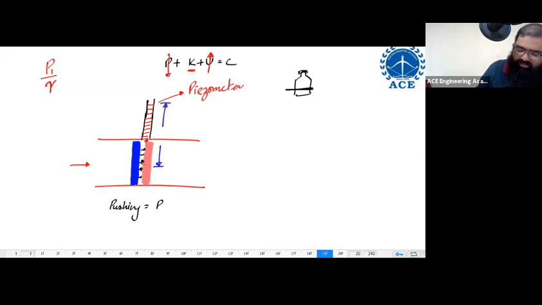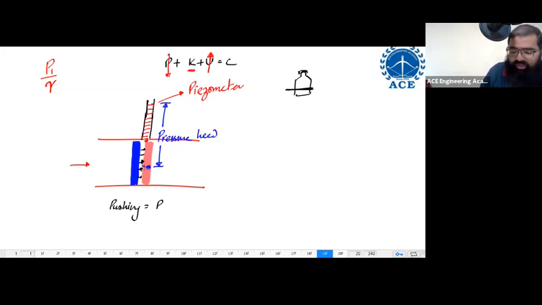This much height, let us say at this particular point, is developed. What is this height over here? This is the height of fluid required to maintain this much of pressure. This height of fluid is called pressure head.